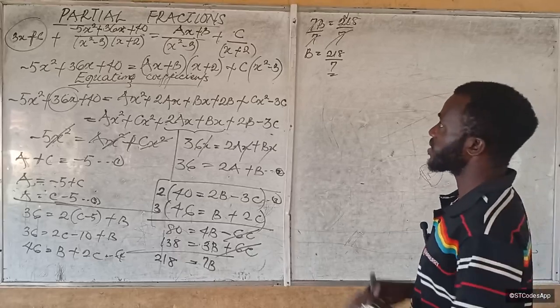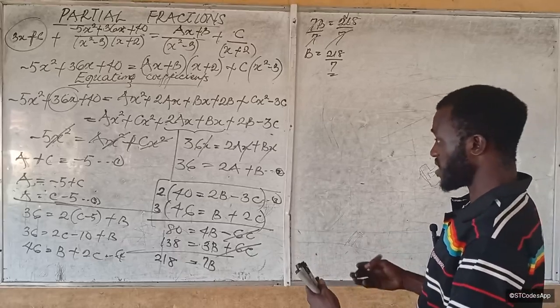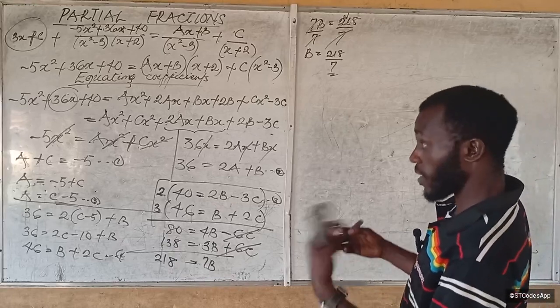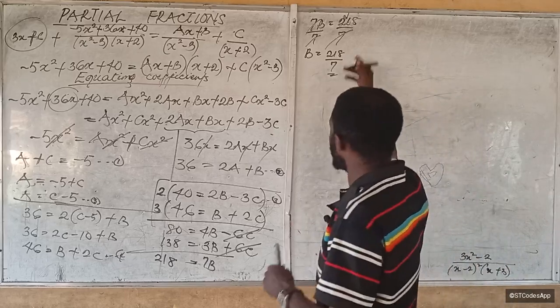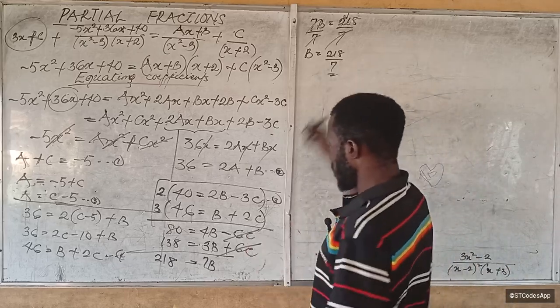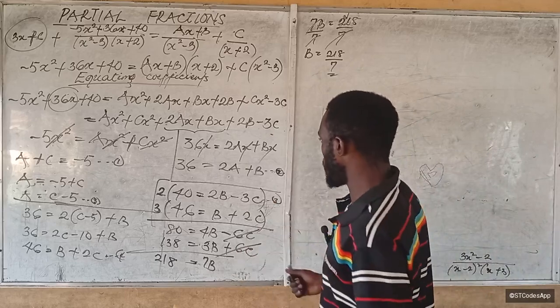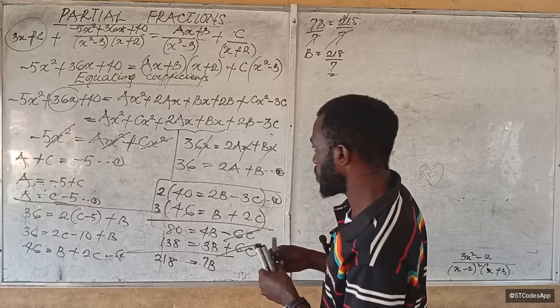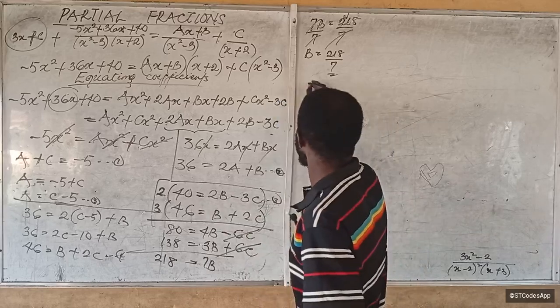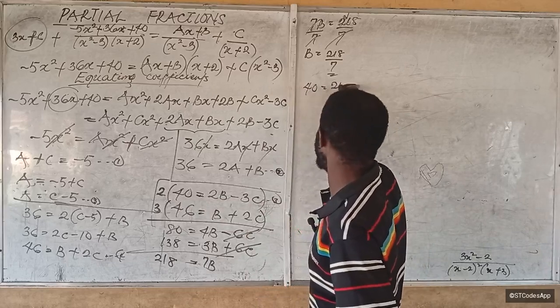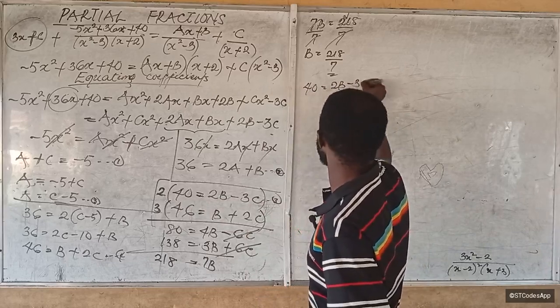Okay, so let's find what our other values are. So since B is 218 over 7, what will C be? Remember, we have an equation that combines B and C. Is this guy. Remember that 40 is equal to 2B minus 3C.